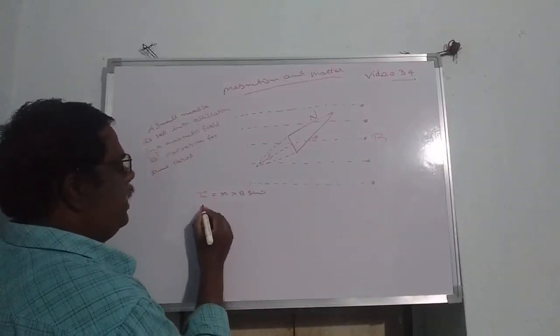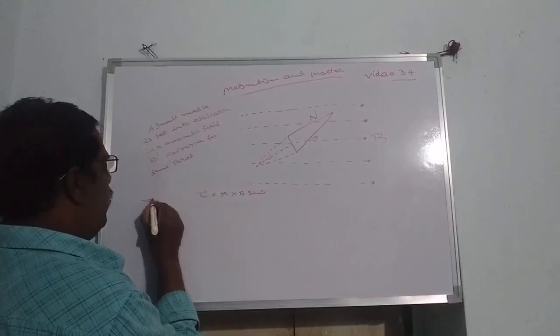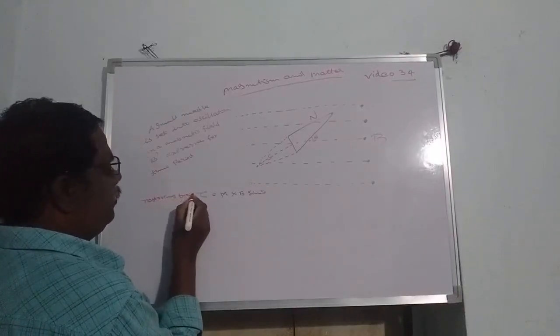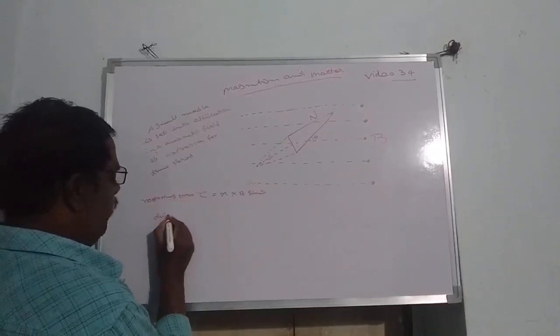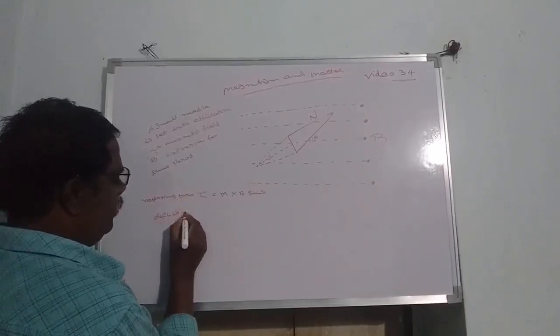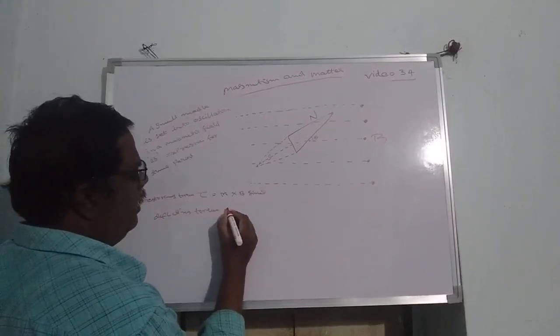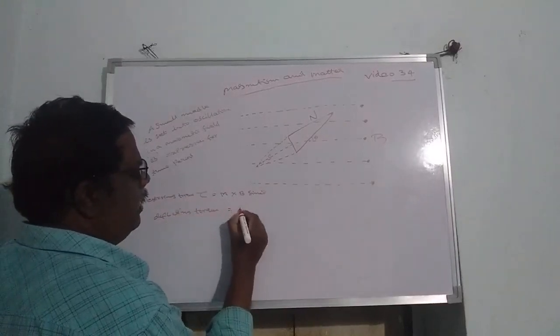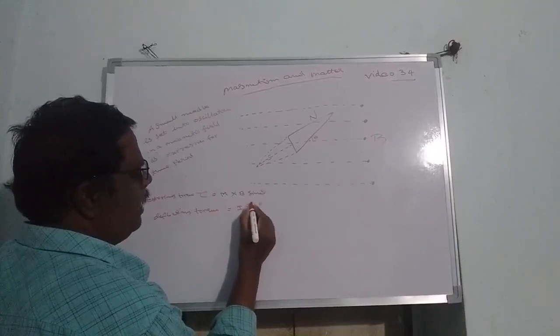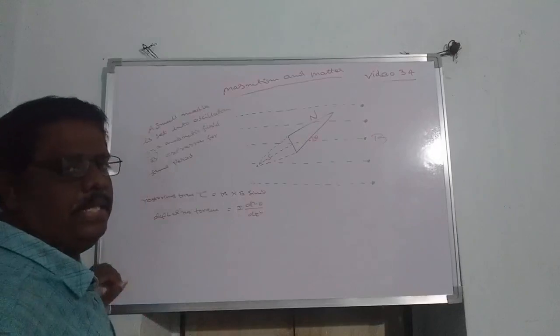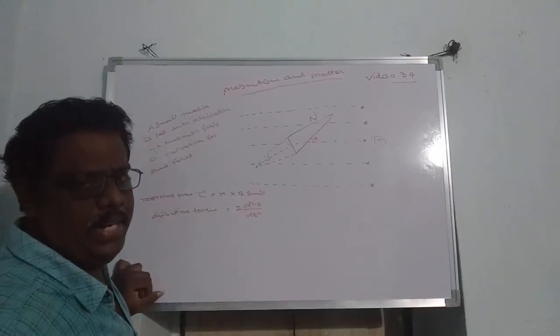And the deflecting torque is nothing but I d square theta by dt square. Here I is the moment of inertia.